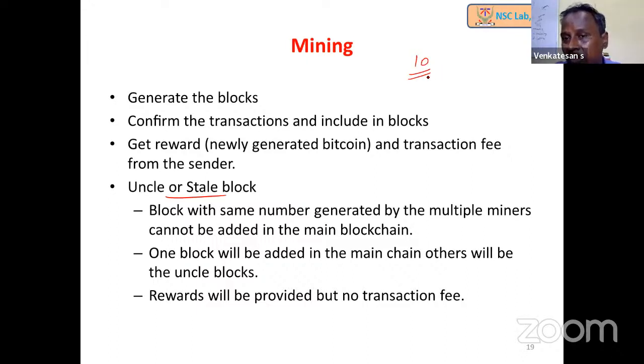Now what is going to happen? Only one block has to be part of the main chain, and the remaining will go as the fork. That is referred to as the uncle blocks. So if our block is an uncle block or a stale block, or it is a fork, we are not going to get the reward.